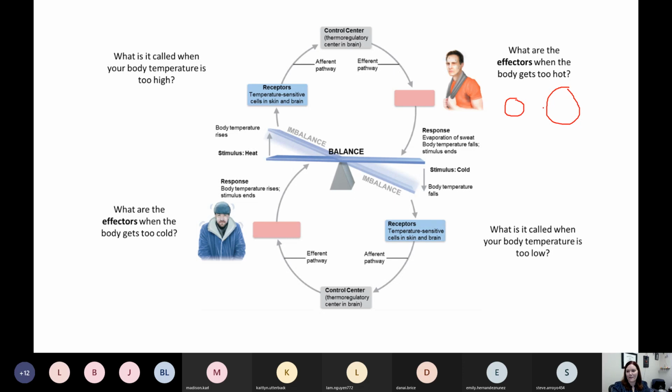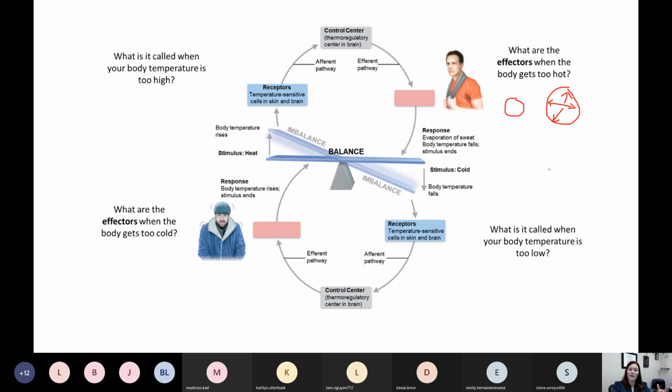I put that in the chat. Vasodilation, when I make my blood vessels wider. The more blood that I send to the skin, the more heat it's going to radiate off. So this is why after you exercise or when it's hot outside, your face gets flushed, it gets red. We're sending extra blood to the skin to try to radiate off that heat.